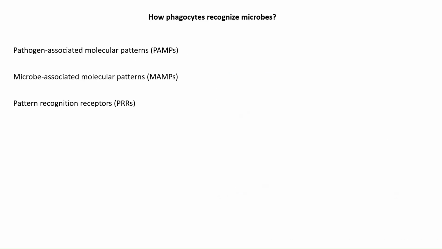Now the question is, how do phagocytes recognize microbes? This also we learned already, that microbes contain some specific patterns on their cells, and these patterns are recognized by the cells of our immune system. Because these patterns are present on the pathogen, we call it a PAMP, that is pathogen associated molecular patterns. Or because pathogens are microorganisms only, we can also call them MAMPs, that is microbe associated molecular patterns.